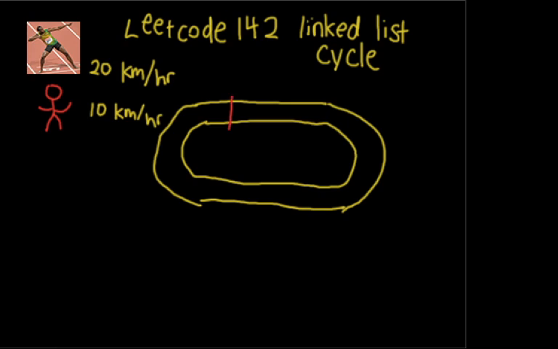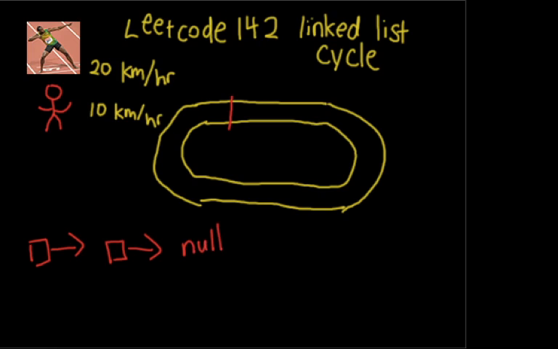I think this kind of analogy is easy for most of us to visualize and understand that if you're on a track, one party runs twice as fast as the other party. At some moment, they will meet. So if you have a linked list and you want to detect a cycle, if that linked list doesn't ever end in null, then you can keep looking for that cycle.